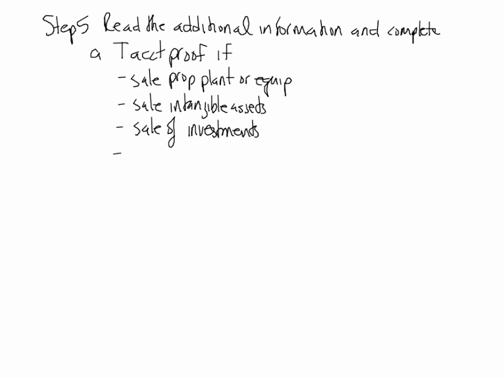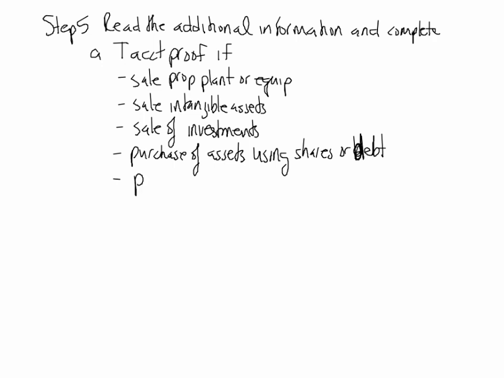There is a purchase of assets using shares or debt. Oops, no, I was right the first time. Debt. And finally, you both pay and reissue debt. If any of those things exist in the additional information, you have to do a TAccount proof.